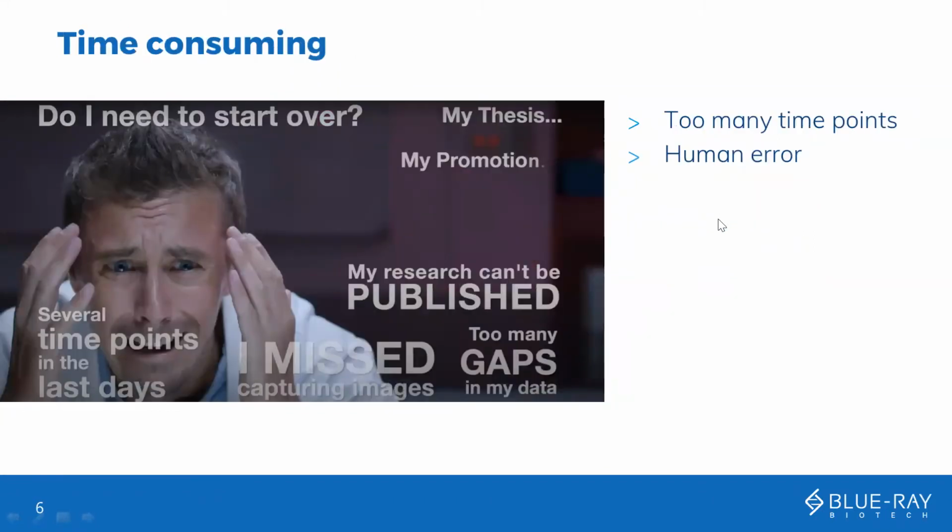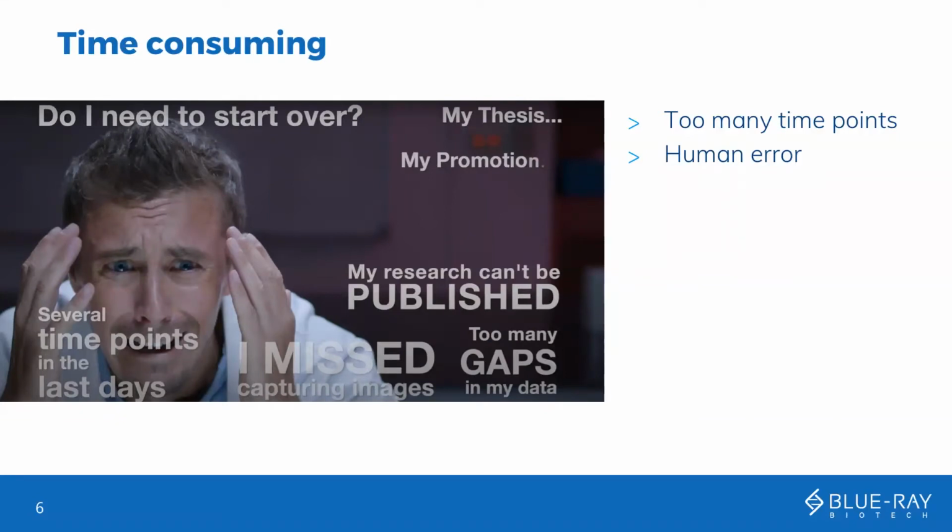Because cell growth time is calculated in days, if the observation time interval is too short, it will cause a labor burden, right? Because you have to stay with the microscope and with your cell samples. So the labor burden is very huge. But on the other side, if the observation time interval is too long, the critical moment may be missed.